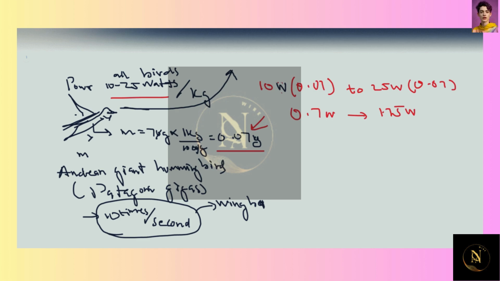Okay. So if we want to find out the power in one wing flap or wing beat, we'll say, or the work done in one wing beat. Remember, work is power times time. But this time we don't have any time. We have wing beats, so we have to do some kind of transformation.